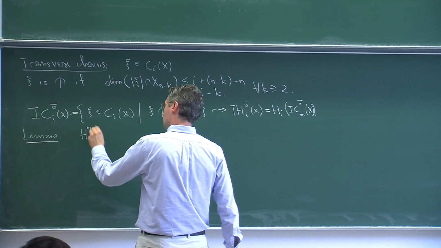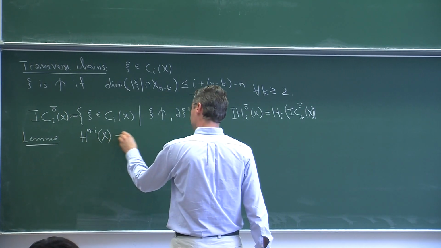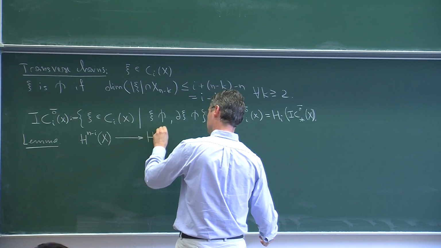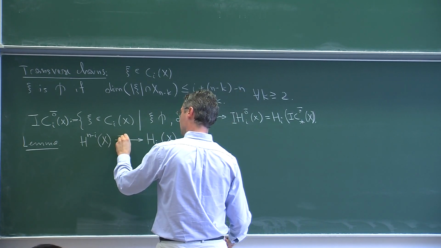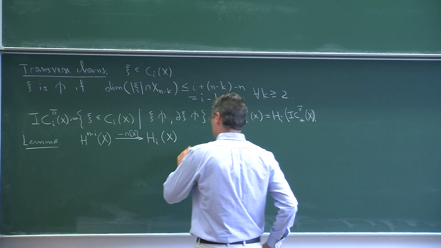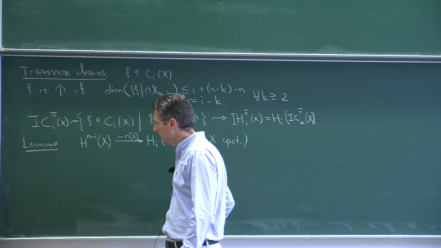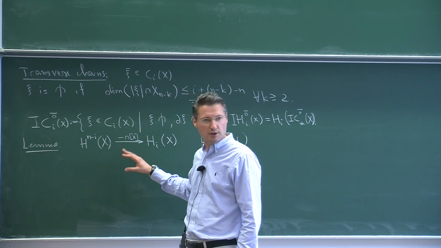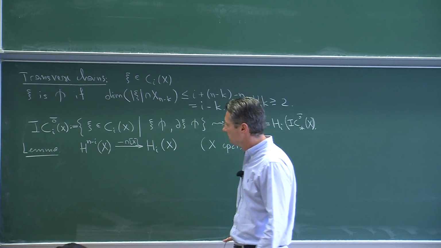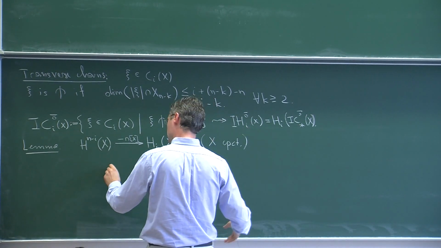So if I go from the cohomology of x to the homology, via cap product with x, and here maybe let's take x to be compact. I mean, really here I want to emphasize the singularity structure. That's the important aspect here. And here we have this third set of groups.